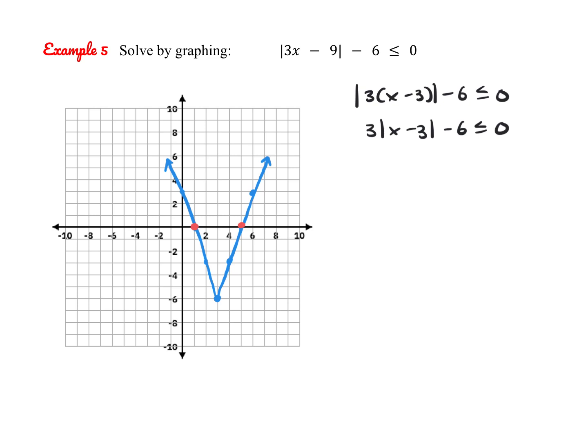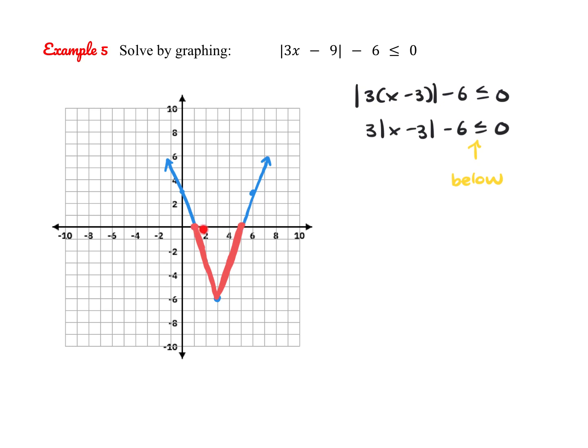And now I just need to figure out, well, which portion of this is my actual answer. So here we're looking for the interval where our function is less than or equal to 0, meaning below or equal to our x-axis. So that's actually going to be this region here. So our solution is everything below the x-axis.